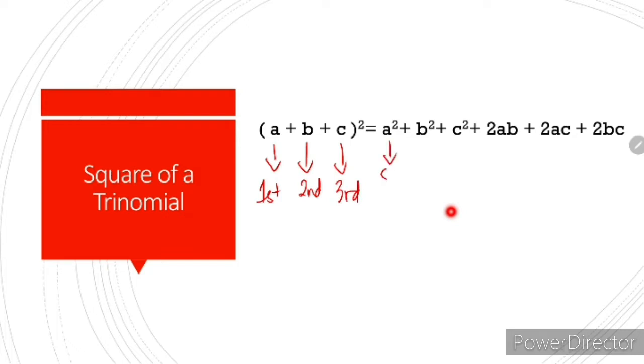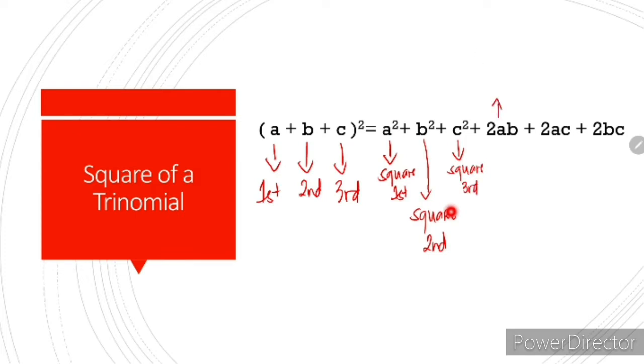So, a squared, ini-square lang natin yung first term. Yung b squared, ini-square natin yung second term. C squared, ini-square naman natin yung third term.